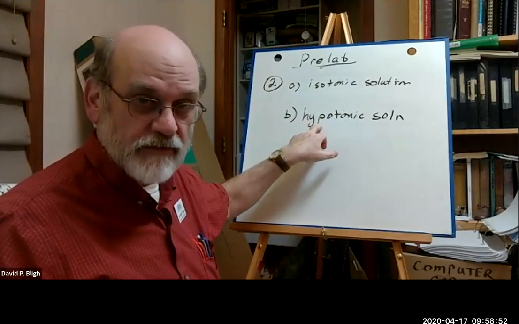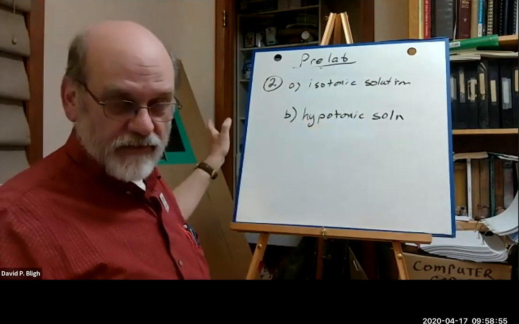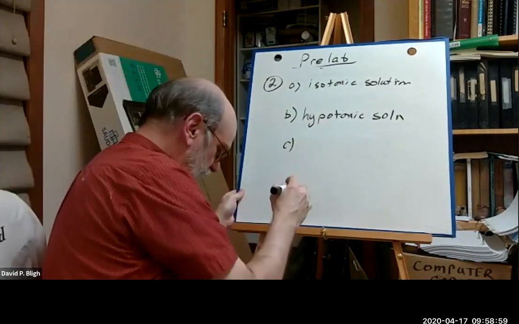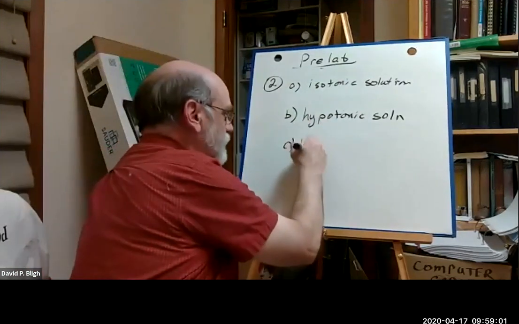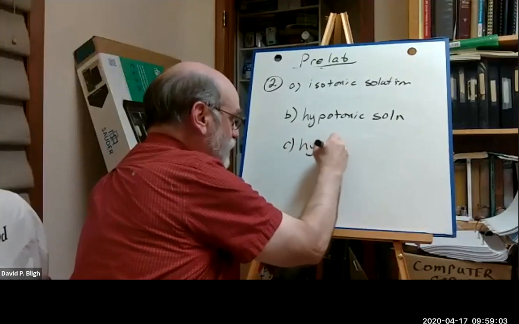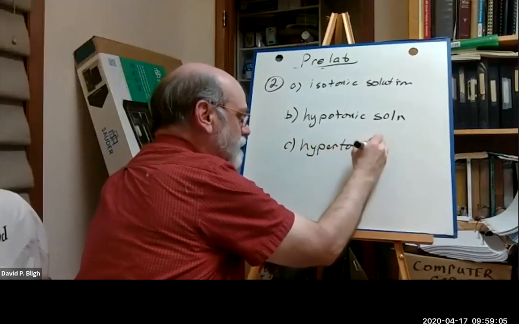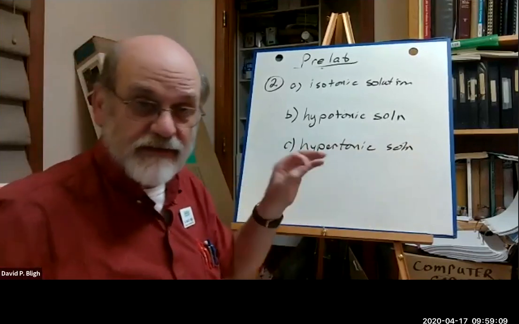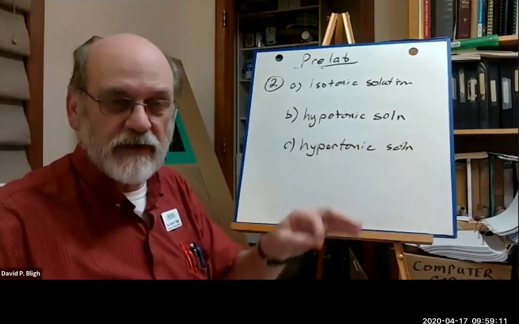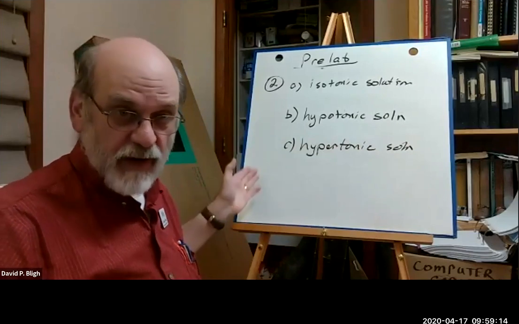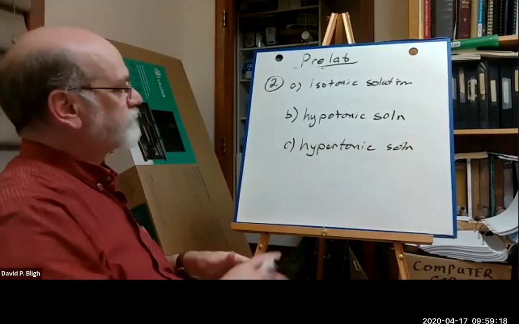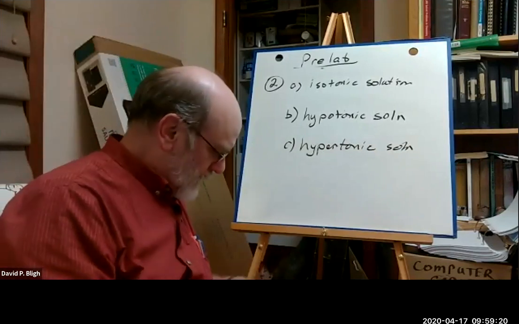Lower concentration of solute than the one compared. And then the last one you probably guess is hypertonic. So the hypertonic solution has a higher concentration of solute than the comparison solution, or the cell. So that's 2.